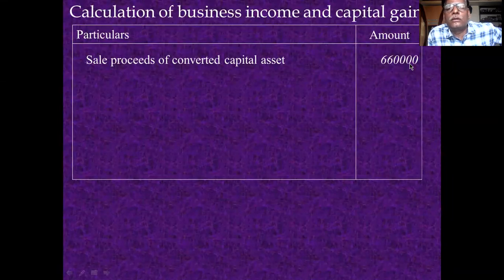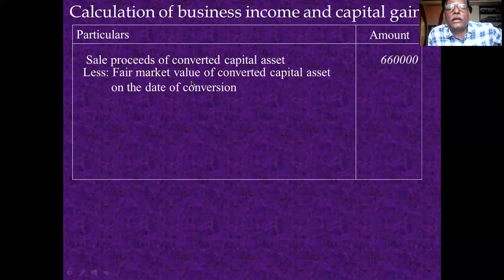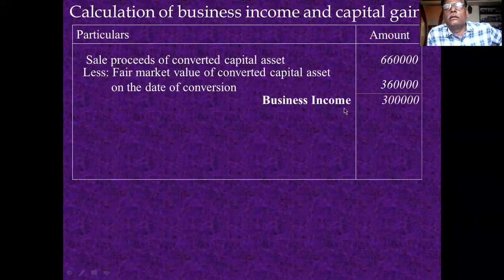Sales in the real estate business is 6,60,000. This asset is taken at the fair market value of rupees 3,60,000. You deduct this, you will get 3 lakh, called business income. Whatever you told, your answer is 3 lakh.